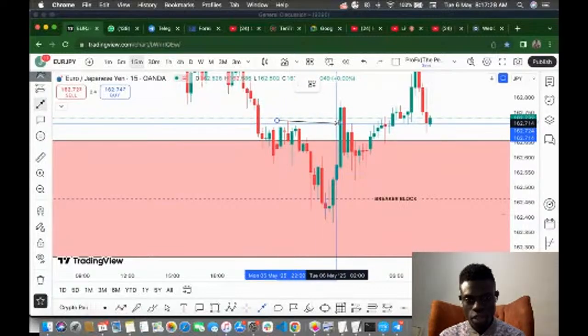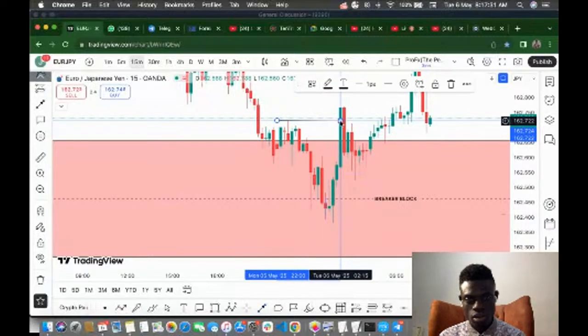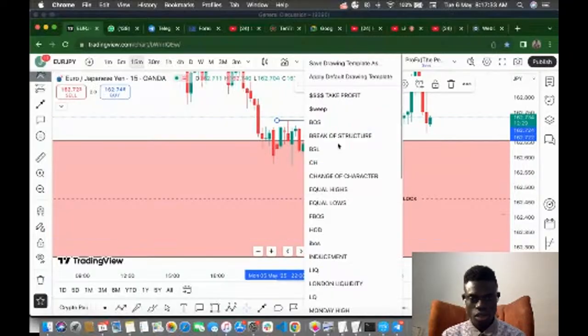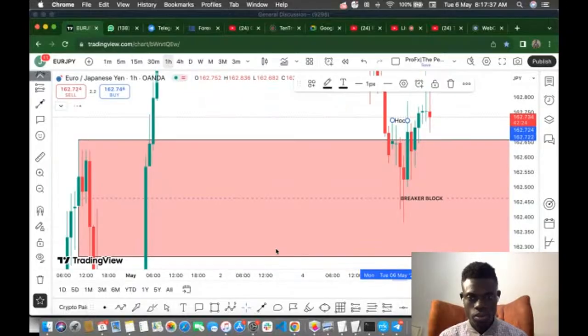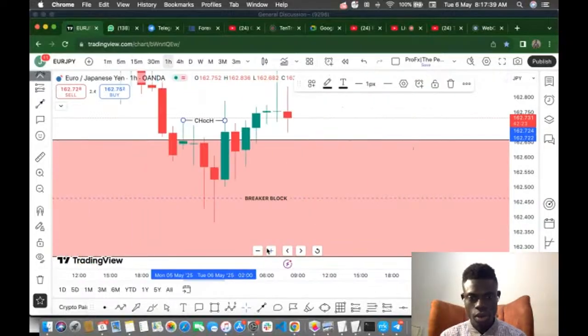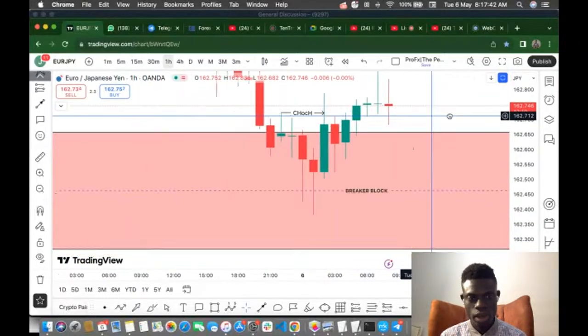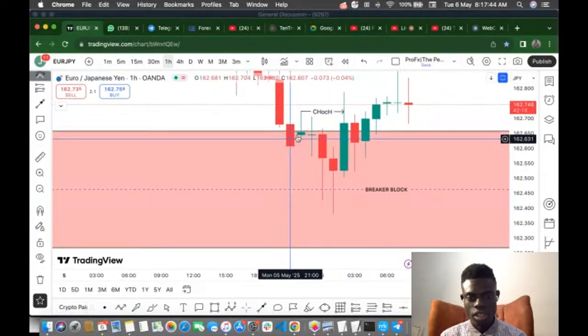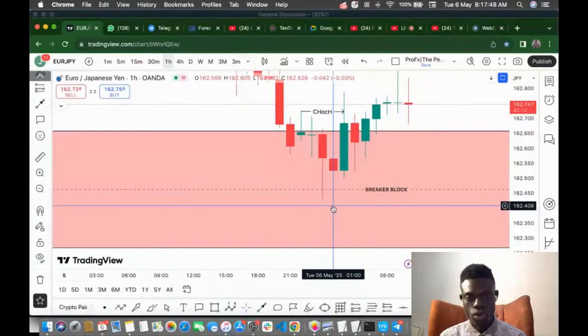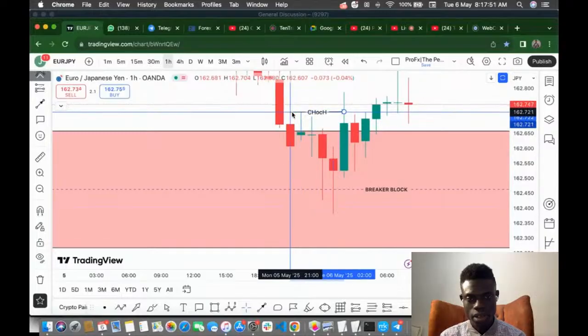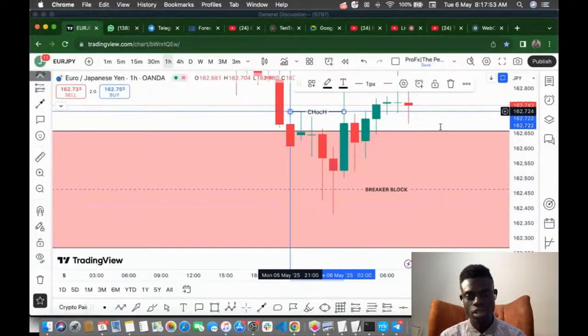If it's not clear on 15 minutes, you can go to 1 hour. Let's see what 1 hour is saying. Yeah, 1 hour is going to give you more clarity. So this is 1 hour. Can you see that this is base to drop? So you have the lower high, lower low. That's perfect. So 1 hour is confirming 15 minutes, right?